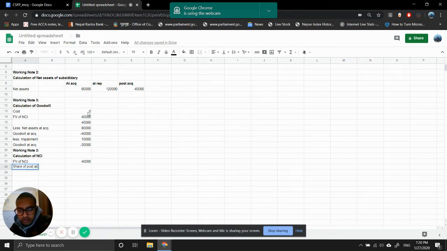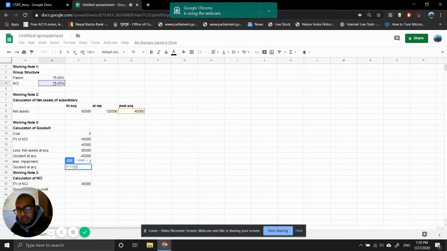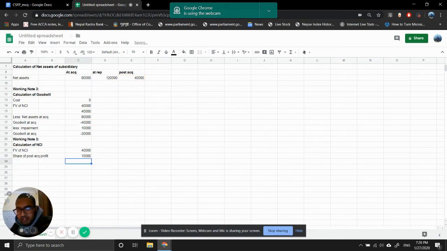Share of post acquisition profit, right? So how much is this particular company getting? So this is our post acquisition profit into 25%, right? So that's the profit they are getting, and then there is an impairment of goodwill.